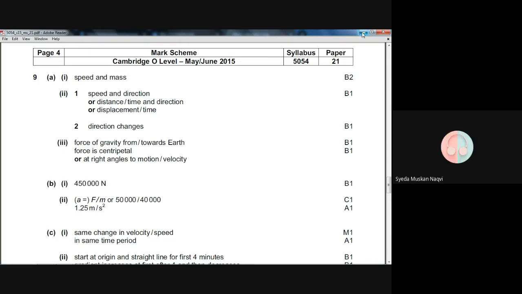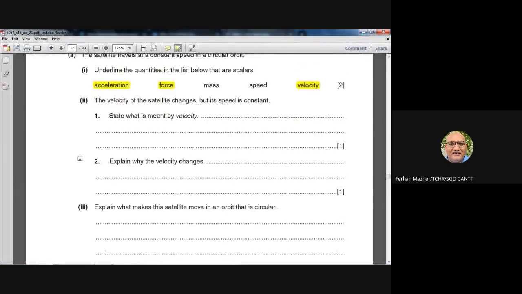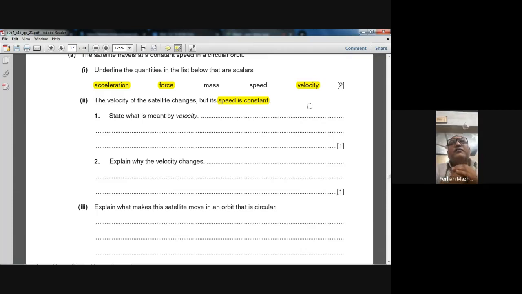Yes, sir, done. Okay. So the next question is: explain why the velocity changes. Although, as he said, you can look here, the speed is constant. It means the magnitude of the velocity is not changing, but still the velocity is changing. Why? Because the body is moving in a circular path.